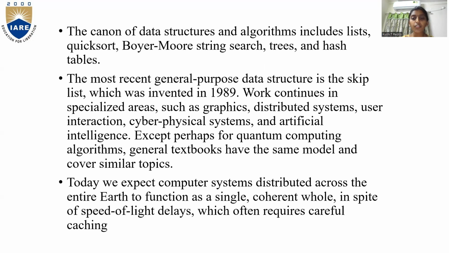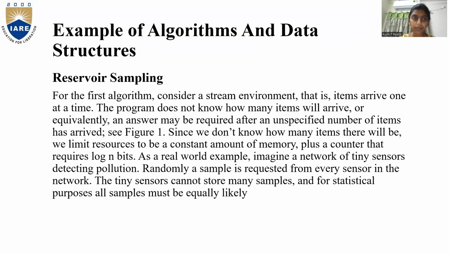Except perhaps for quantum computing algorithms, general textbooks have the same model and cover similar topics. Today, we expect computer systems distributed across the entire Earth to function as a single unit, in spite of speed of light delays, which often requires careful caching.